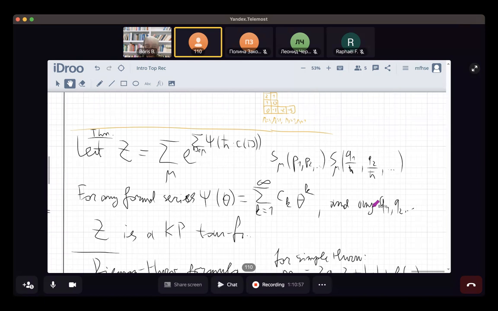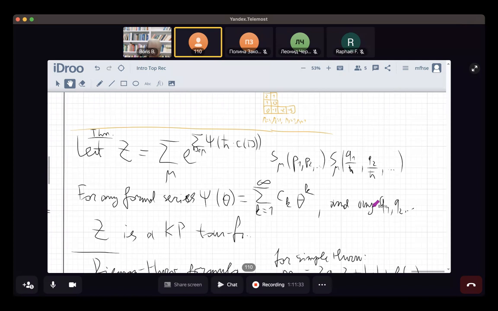We have proved it because we have proved this can be represented as this Y of K. So if here we have 1, 0, 0, 0, then we have already proved that this is a KP tau function. What remains is to see that if you allow general Qs, then this also holds, but this we'll do in the seminar. In the seminar, we will prove it. And afterwards, we will have the statement that this is a KP tau function, like I'm saying here.